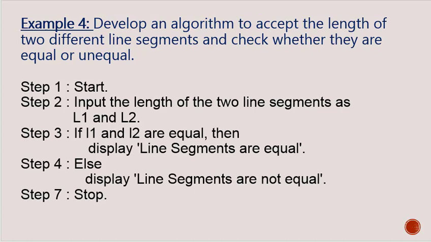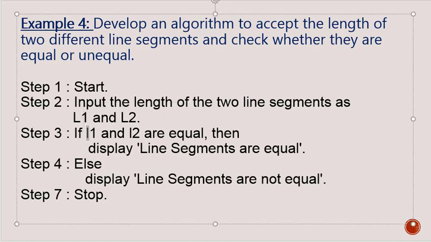In step 2 we are accepting the lengths of two different line segments and storing them in two different variables, the first named L1 and the second named L2. In the third step we are comparing L1 with L2. If the two values are equal, then it will display that the line segments are equal.